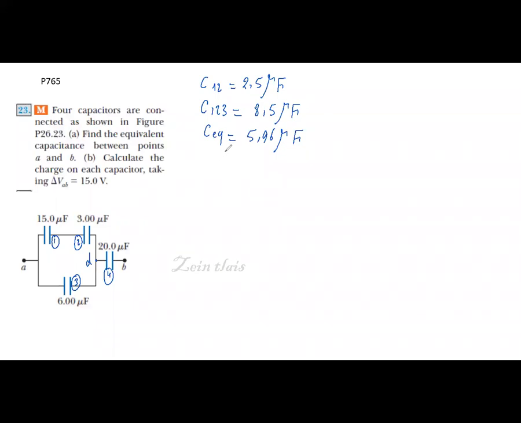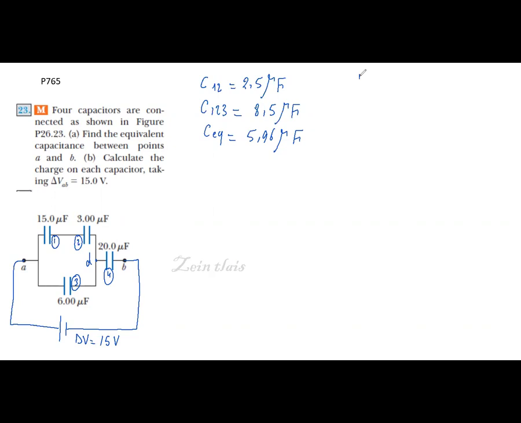Here I want to find Q on each capacitor. Look here, between A and B, we have delta V, which is equal to 15 volt.